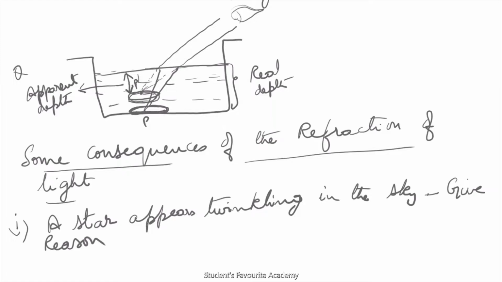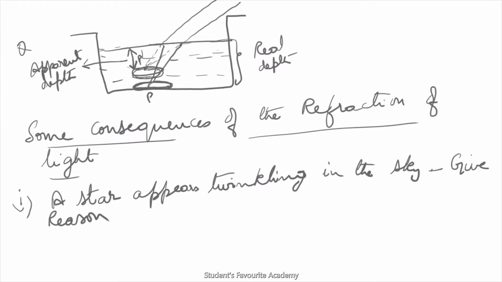So you have to write because of the change in the refractive index of the air with temperature. Okay, you need not explain in detail, but did you understand why it happens? Because of the change in temperature, the air becomes denser and rarer.